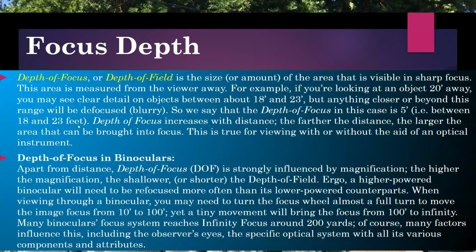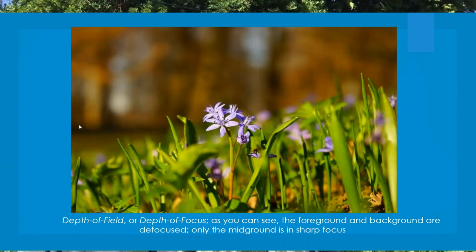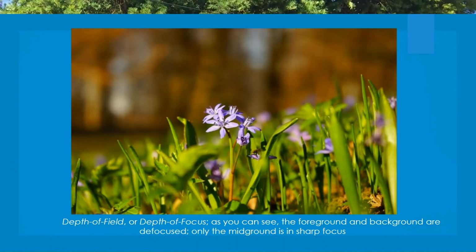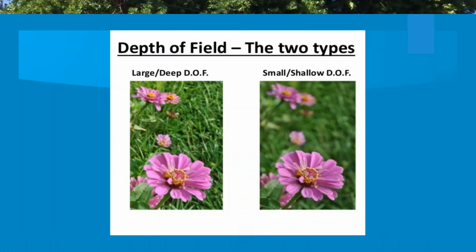It depends a lot on the aperture and the magnification. So a 10x binocular will have a shallower field than an 8x. The higher the magnification, the more shallow the field, and the wider the aperture, again, the more shallow the field will be. And you can see some examples here.